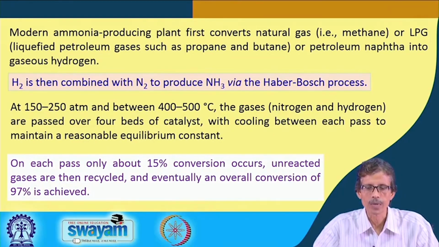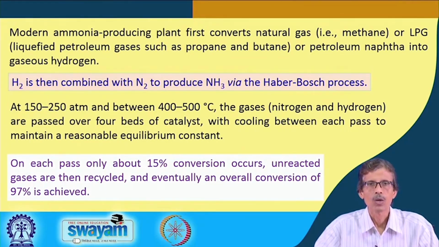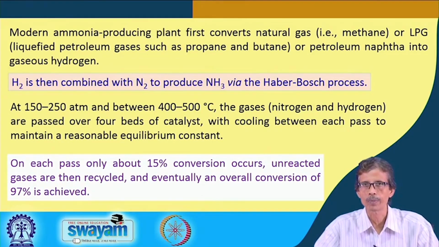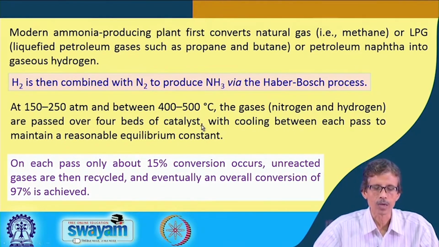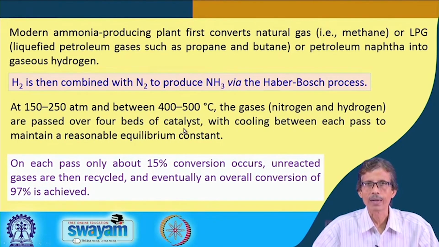That combination of nitrogen and hydrogen is not so easily achieved, whereas biochemically the nitrogenases can do it very easily at room temperature and atmospheric pressure. But here we use a more drastic condition to achieve that conversion, where we can have 4 beds of catalysts.